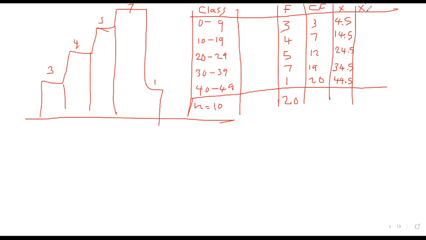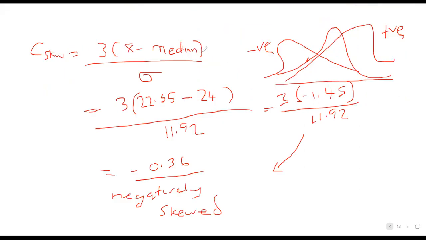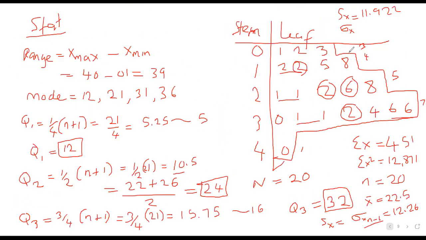How did we come up with the classes? Unless otherwise informed, you can assume the classes from the stem and leaf diagram. So the zeros, 1, 2, 3. How many zeros? 3.